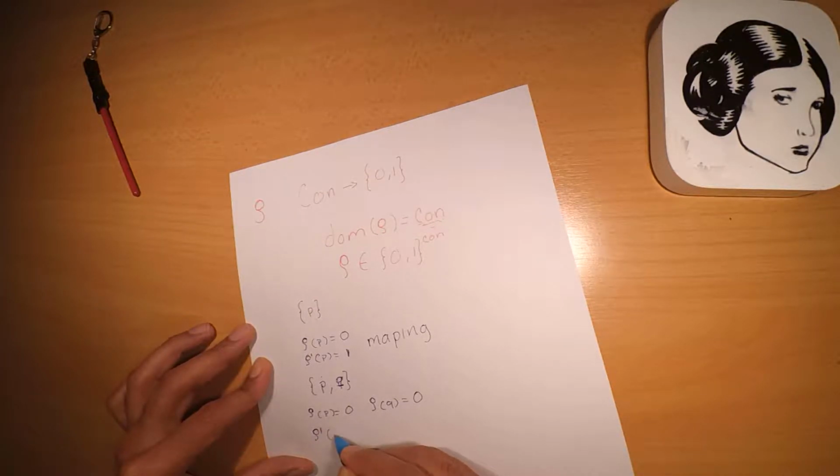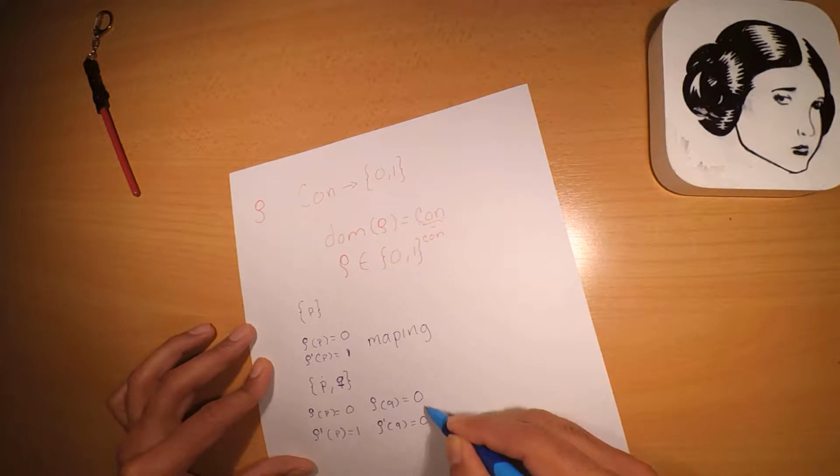In this rho prime, p will have the value of 1, and in the other rho prime corresponding to the non-logical constant q, it is going to be 0, almost the same.